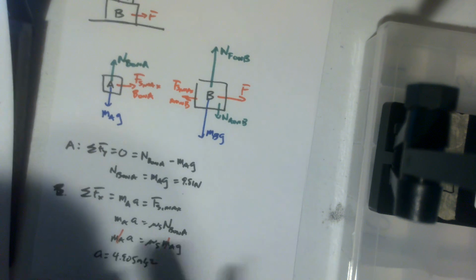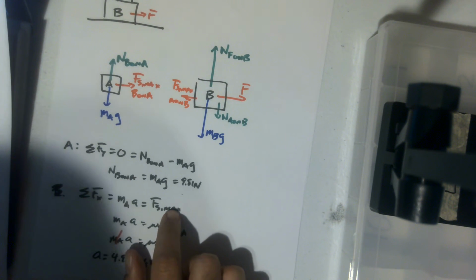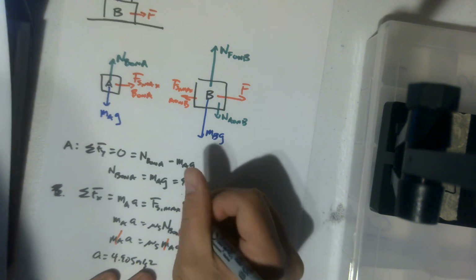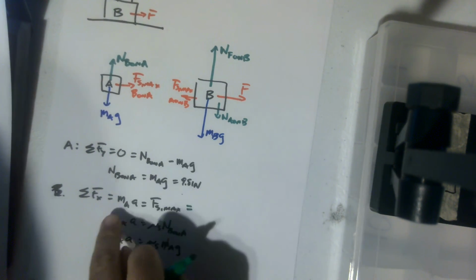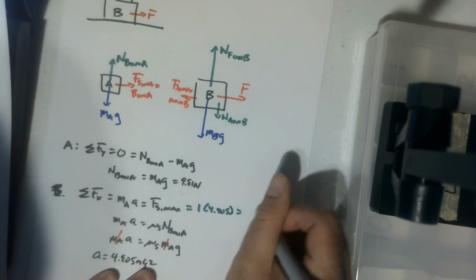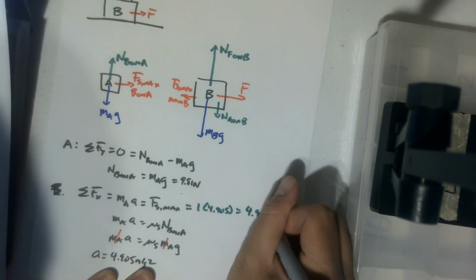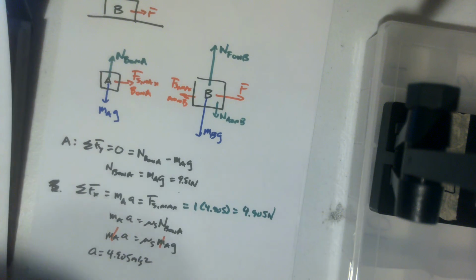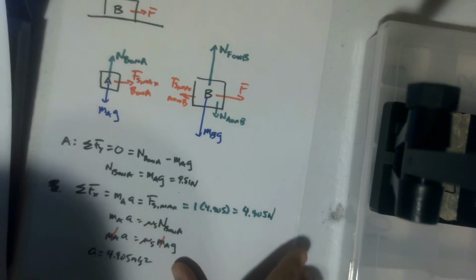So let's just go back to this expression right here. If I plug in 1 here, and I know my acceleration is 4.905, what I get is a 4.905 newton force. So if I'm looking at the forces acting on B, essentially we'll know the reverse force.